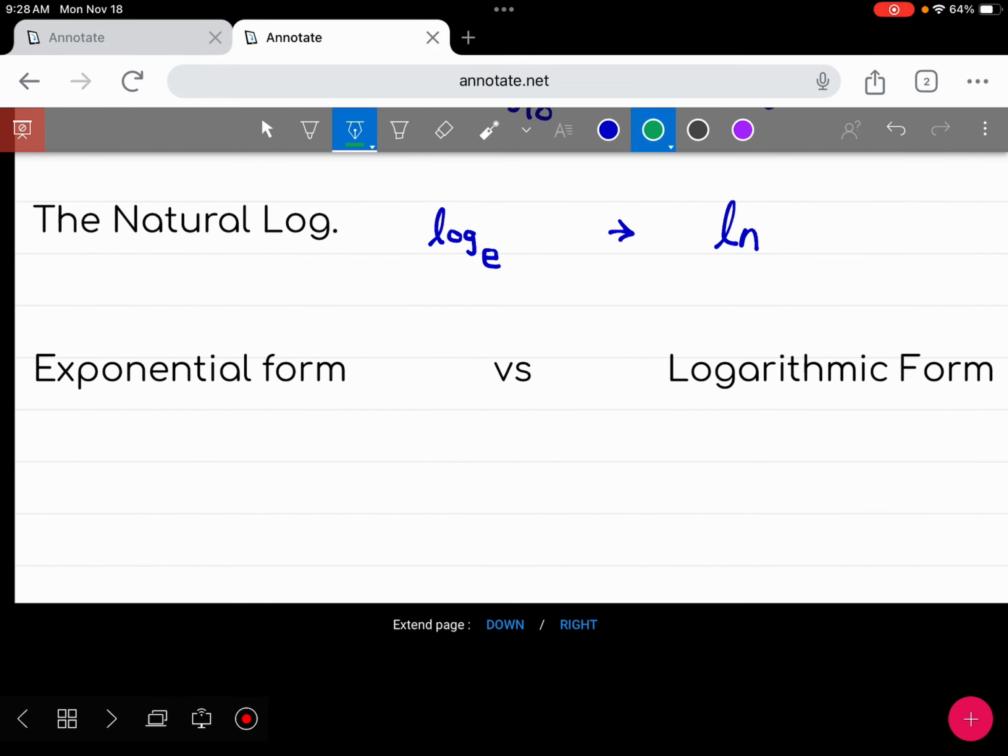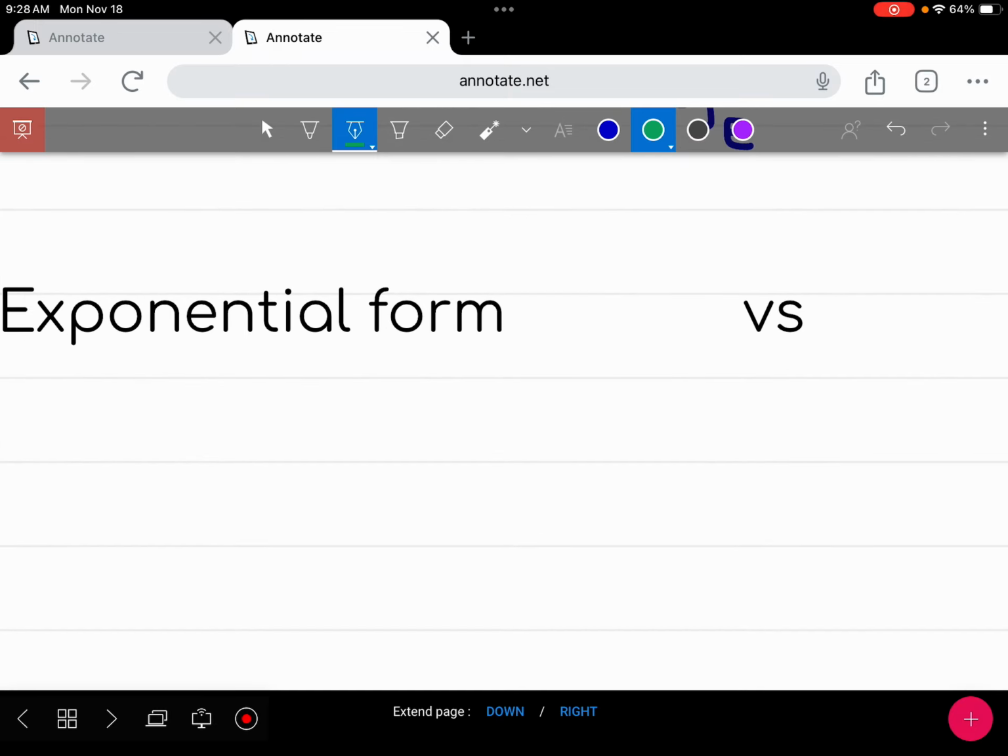So the other piece we're going to really need to start this out is how we can switch between an exponential form of a statement and a logarithmic form, and why we care. So our exponential form, that's when we have our base to some power equals an argument. Those are the letters we usually use.